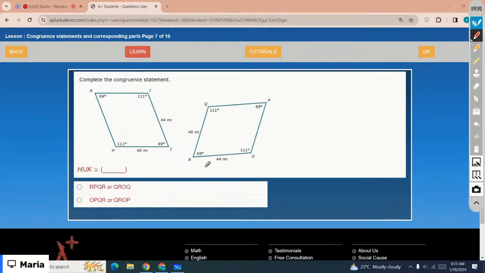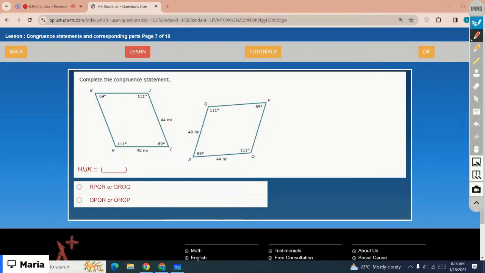No, HIJK is congruent to QROP. Option number 2 is the correct option. That is OPQR and QROP. Option number 2 is the correct option, right?